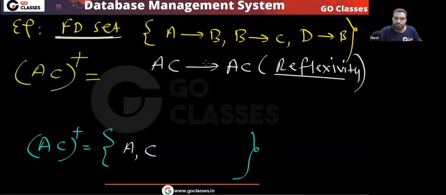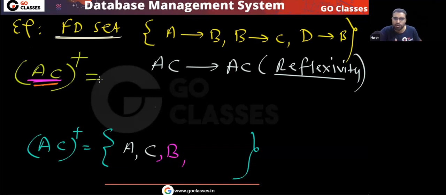What else? A itself can determine B. See, together what can they bring? Just visualize. For AC, A itself can bring B, so of course AC can also bring B. Is this clear?